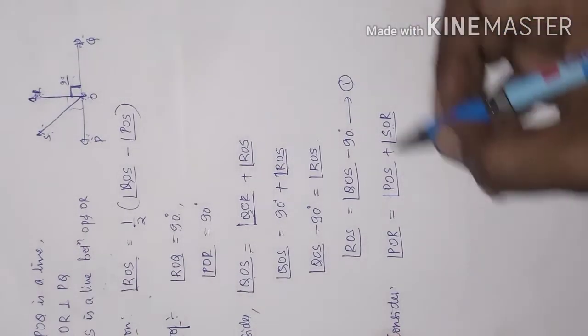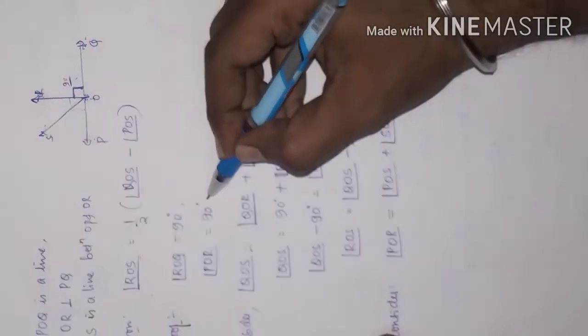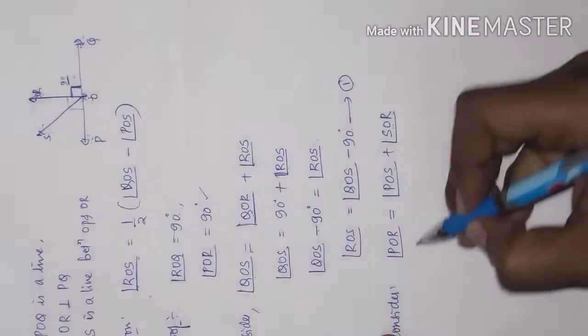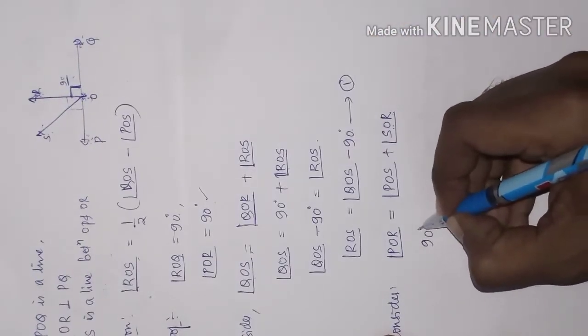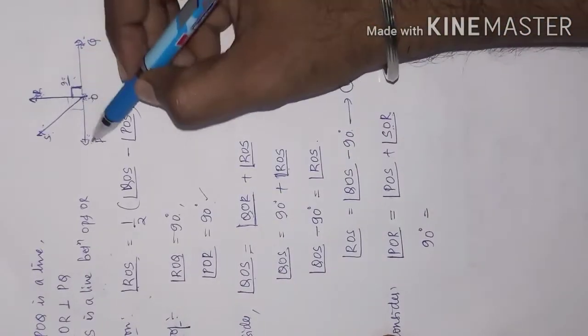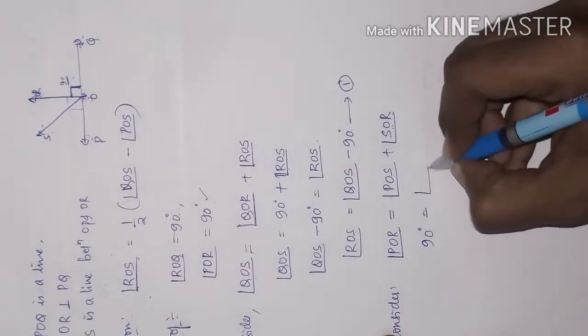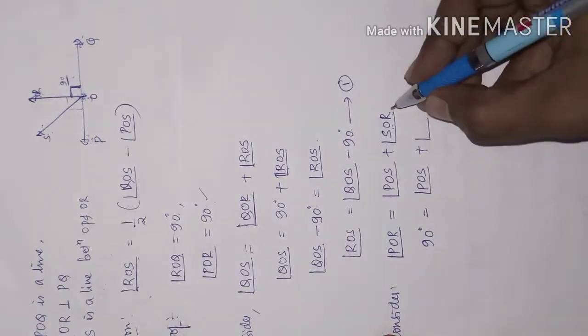Now POR is equal to 90 degrees. Yes or no? Shall I write 90 degrees in the place of POR? Of course we can write it now. Angle POS I will keep as it is, and SOR also we can keep as it is.